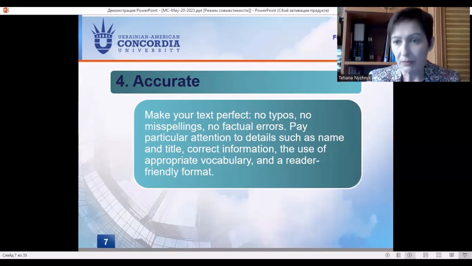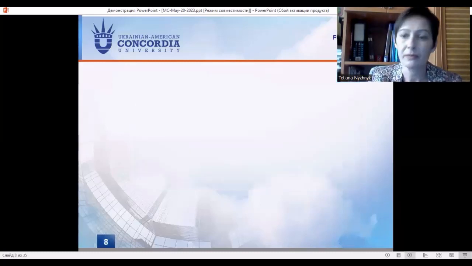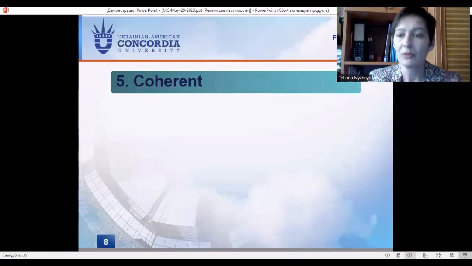Then another point to mention here will be the vocabulary which you choose and the appropriate format for this particular type of document. Well, there is a lot to talk about here, but we will move on to point number 5, which is coherence.